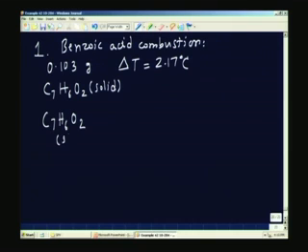C7H6O2, in solid, plus oxygen in the bomb. There is enough oxygen so that complete combustion is guaranteed. The amount of oxygen required for stoichiometry and complete burning is 7.5 O2, in the gaseous form.